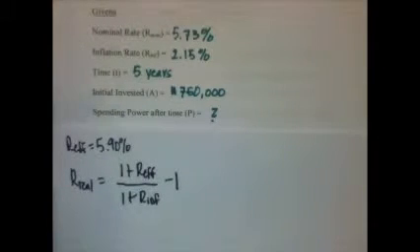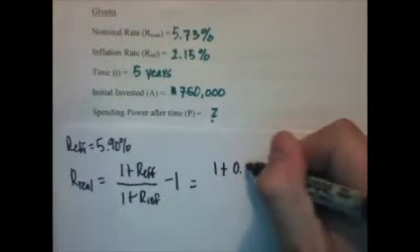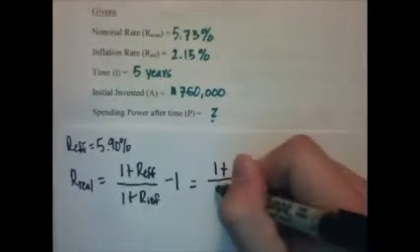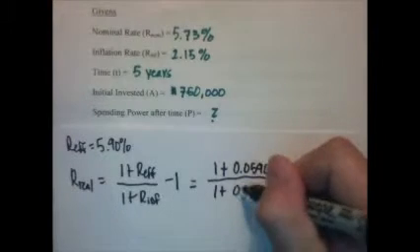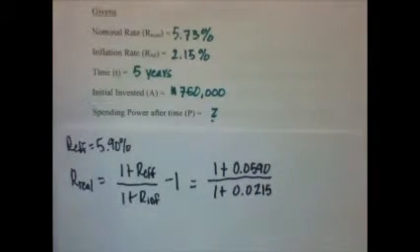So from this equation, we have all the variables that we need to solve for the real interest rate. So that's going to equal 1 plus 0.0590 all over 1 plus 0.0215, minus 1.